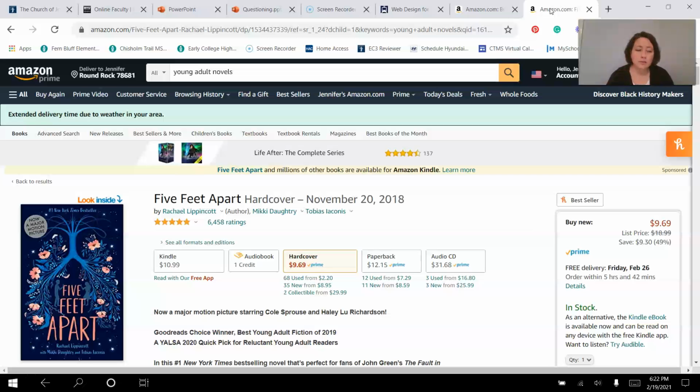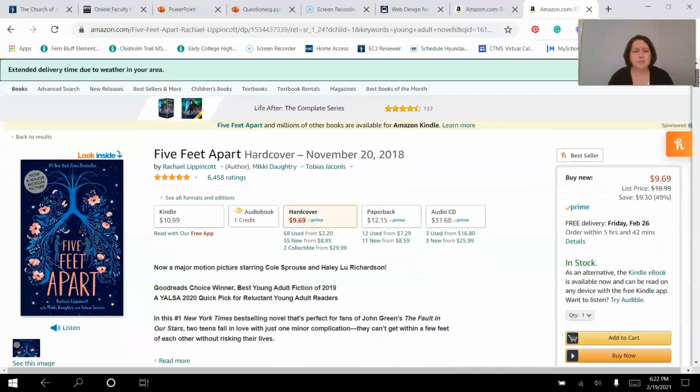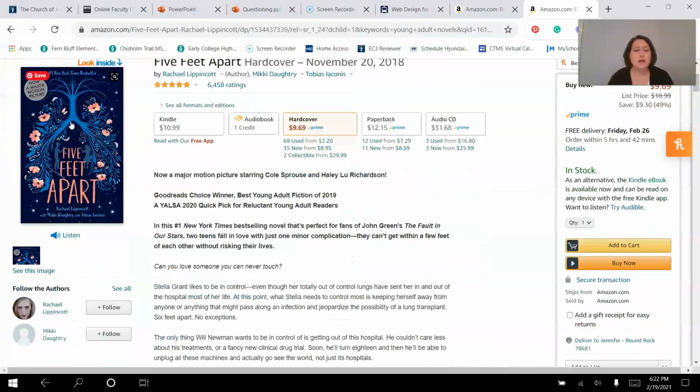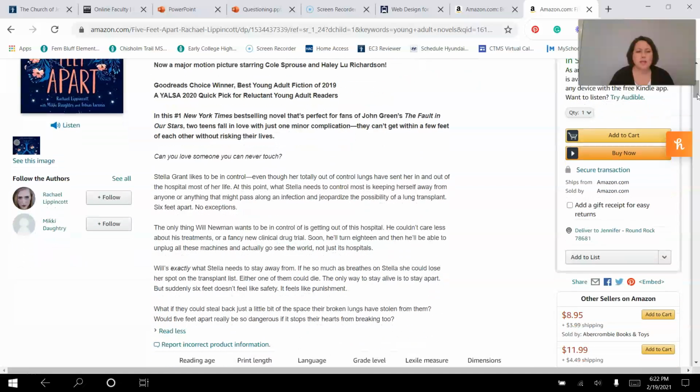In a novel, here's our novel, Five Feet Apart. I think the reason I can't open this is because I already have one open in Amazon. But I'm looking here at my front cover and back cover. As I read about this little romance, they both have lung disease.